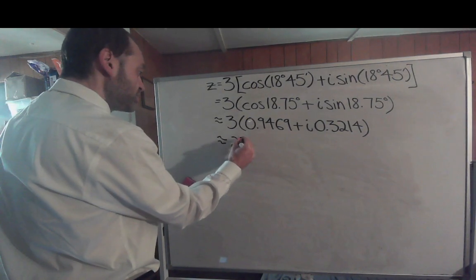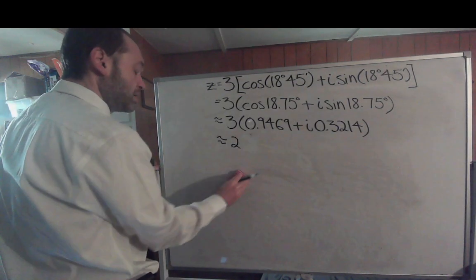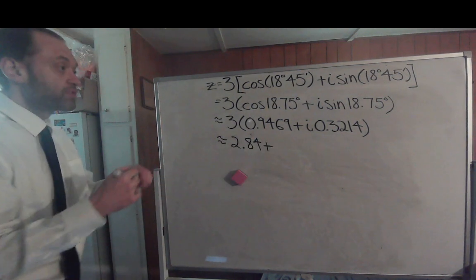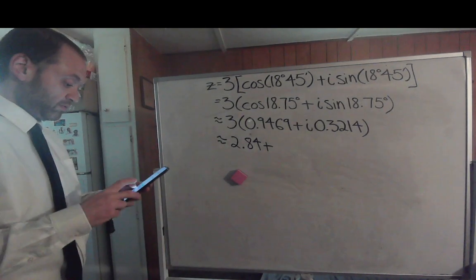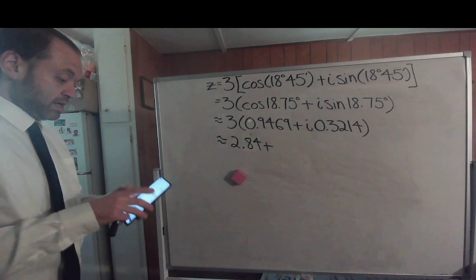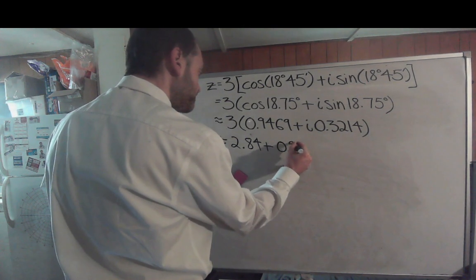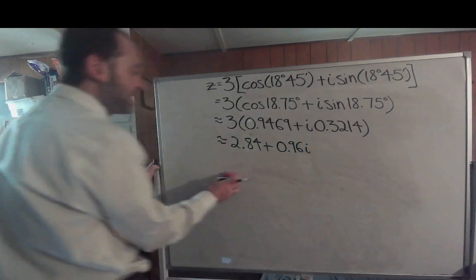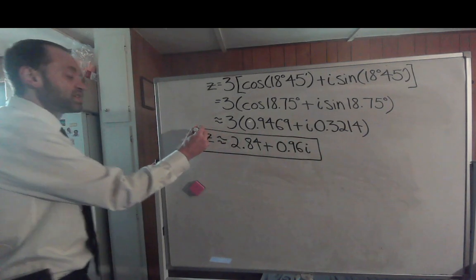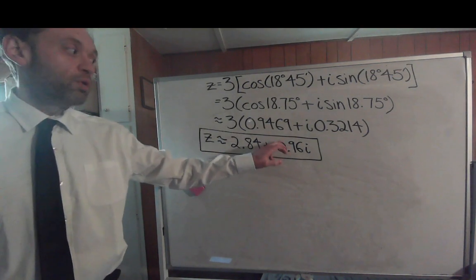So you would get about 2.84, not 284, yikes. Plus, let's take 3 times 0.3214. That'd be about 0.96 times that i, of course. So the approximate form of this complex number is going to be about 2.84 plus 0.96i.